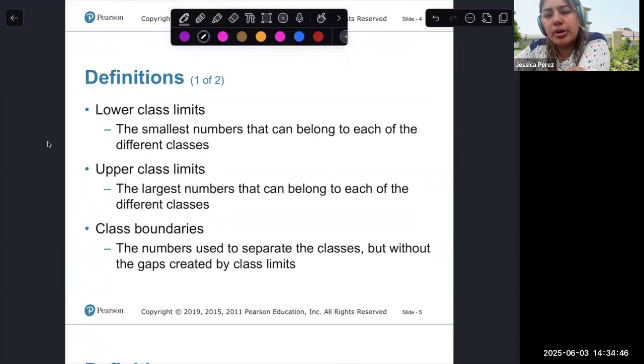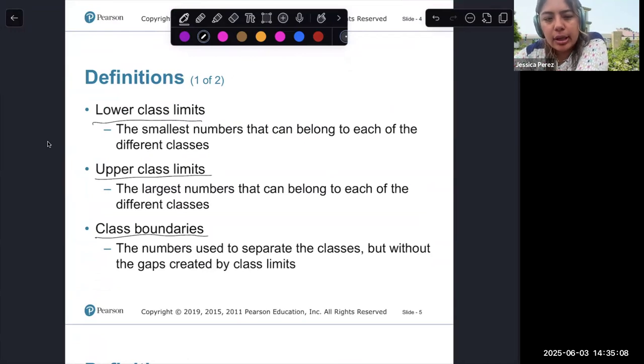Within a frequency distribution, there exists a lower class limit, which is the smallest number that can belong to each of the different classes. We also have an upper class limit, which is the largest number that can belong to each of the different classes, and class boundaries.